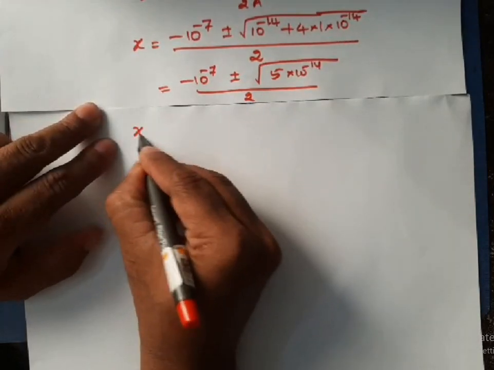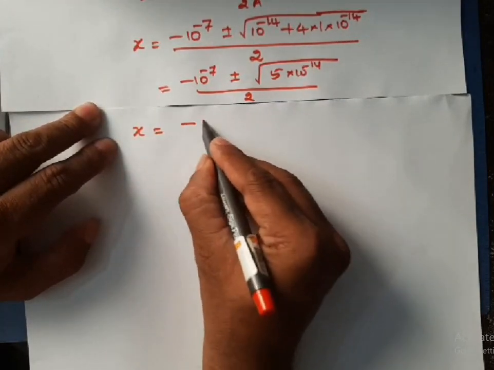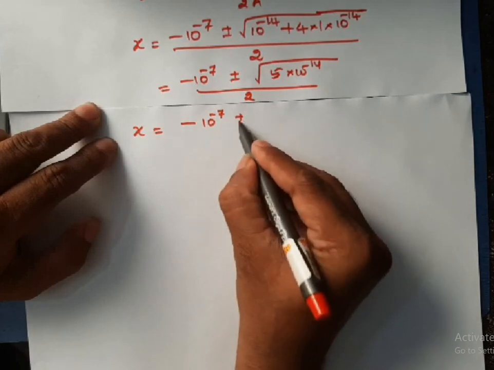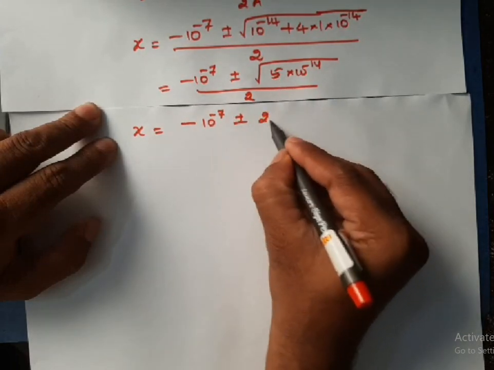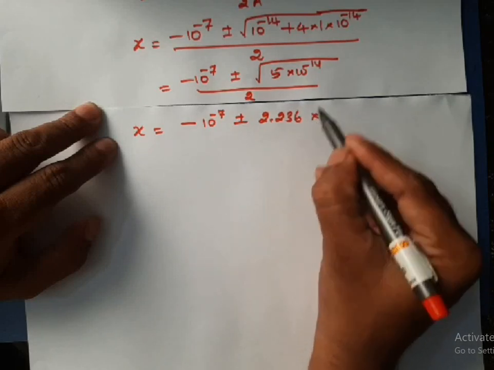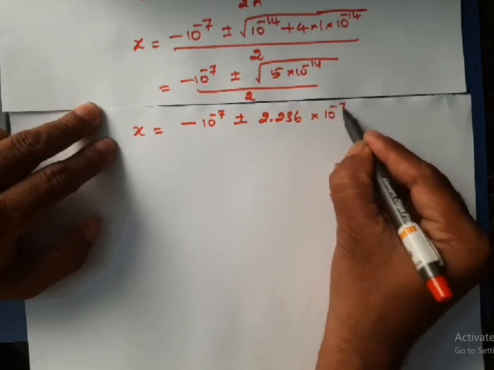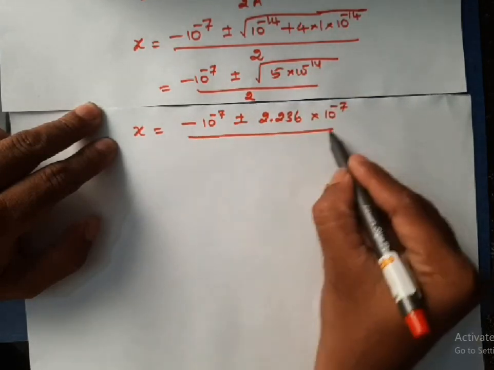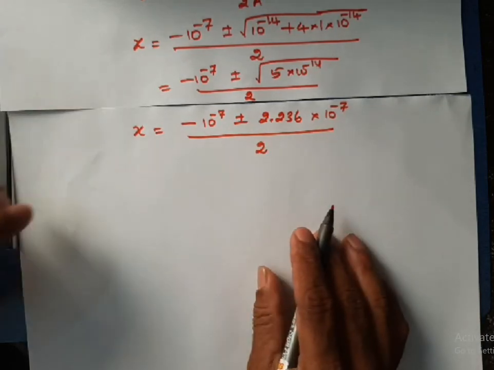So x is equal to minus 10 power minus 7 plus or minus root of 5, which is 2.236, into square root of 10 power minus 14, which is 10 power minus 7, whole divided by 2.